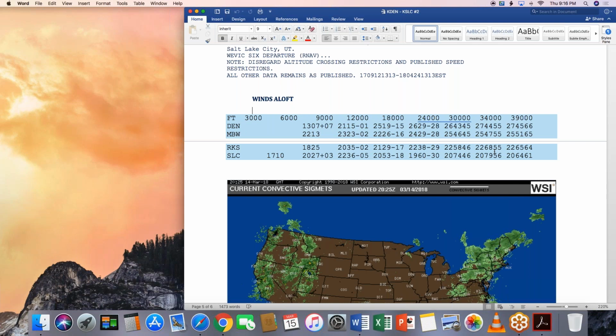Okay, we are trying to figure out ISA, because we only have 39,000 feet here. I know our flight level's 380, but 390 is where our winds aloft is reporting, so that's what we're going to use.